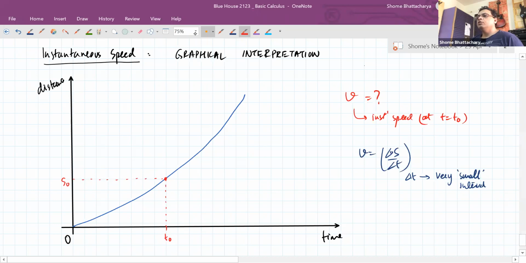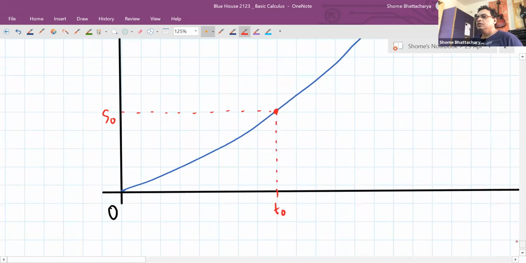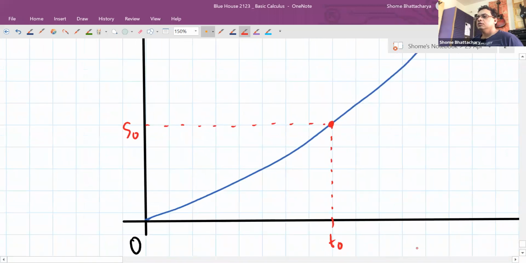Okay. Now what we'll have to do is we'll have to magnify the graph first of all as much as we can. So let's try that. Okay. So that we are able to draw as small as possible an interval of time. So let's say I'm talking about a very, very short interval of time. So it's very close to this.